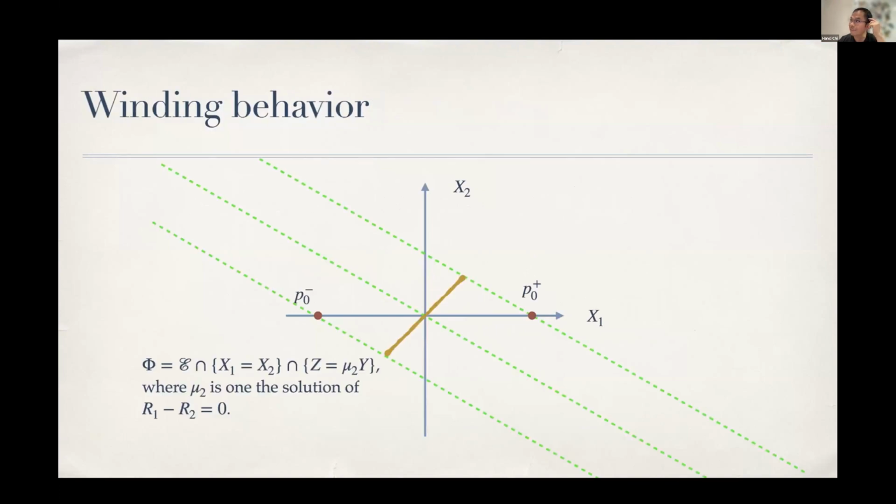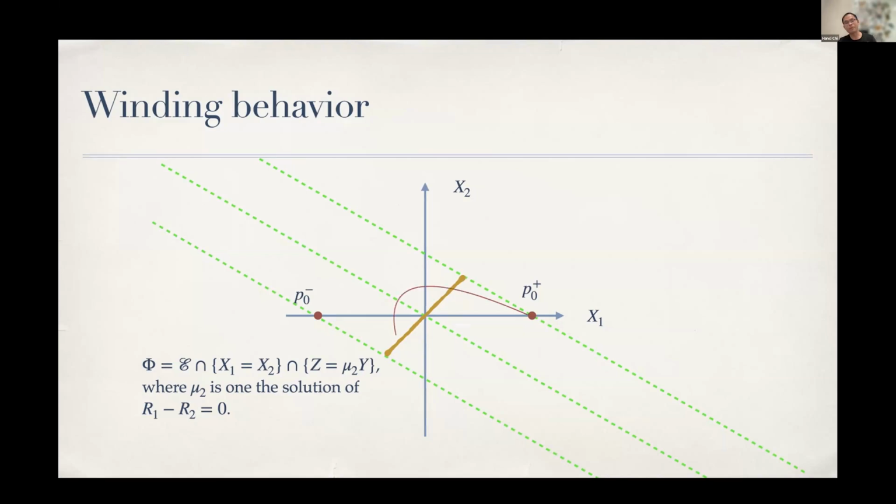And we realized that, in Christoph Böhm's work, he realized that the integral curves that flow out from P0 plus are winding around the capital Phi. And with enough winding, you can use a continuity argument to show that the heteroclines that join P0 plus and minus actually exist.